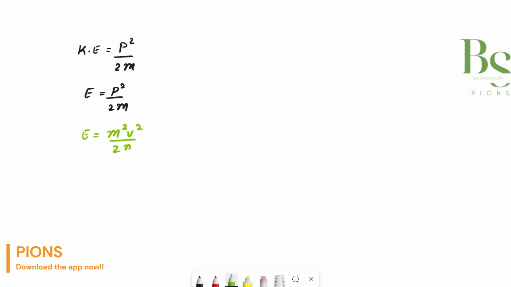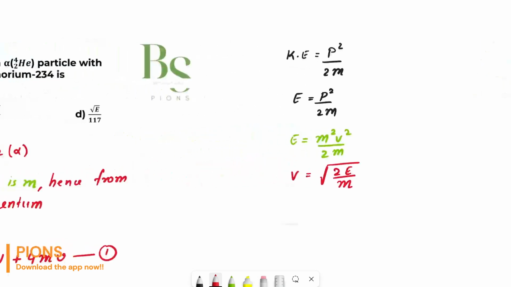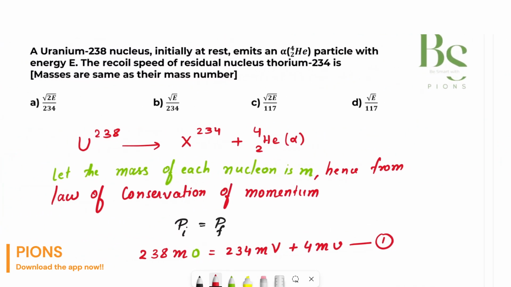We can cancel out one of the m and we can write v equals root under 2E upon m. As per the question, the alpha particle has an energy of E, so we can express the velocity of the alpha particle in terms of E and substitute in equation 1.